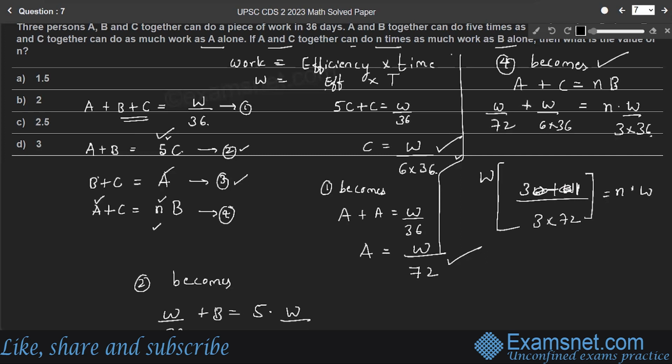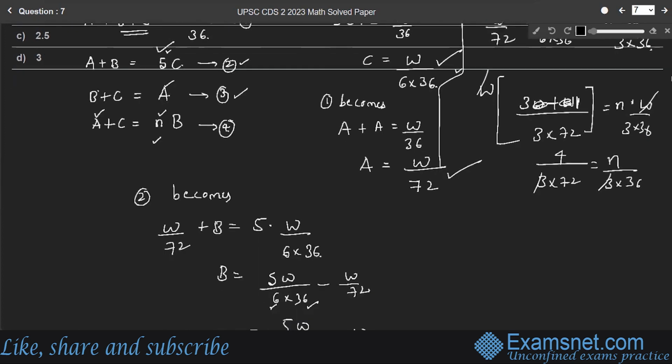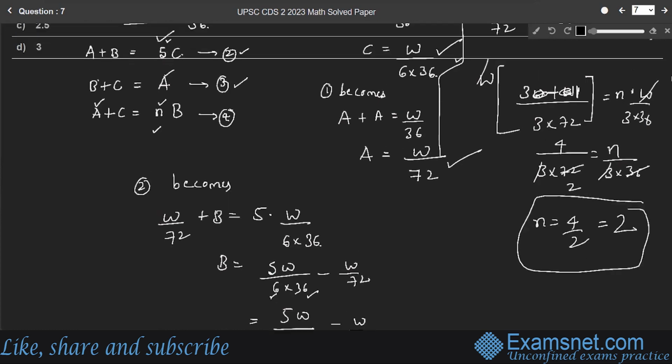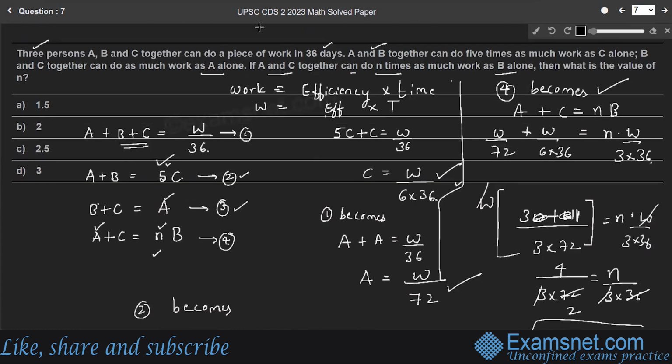So N into W by 3 into 36. W and W will get cancelled. We have 4 by 3 into 72 is equal to N by 3 into 36. 3 and 3 will get cancelled, and we have 36 into 2. So N is equal to 4 by 2, which is 2. So on simplification, we get the value of N as 2, option B.